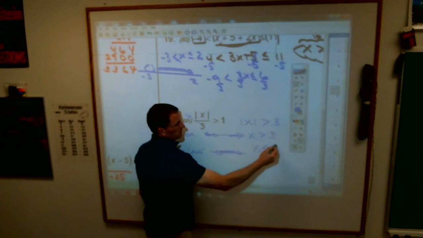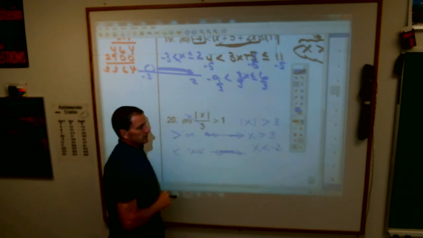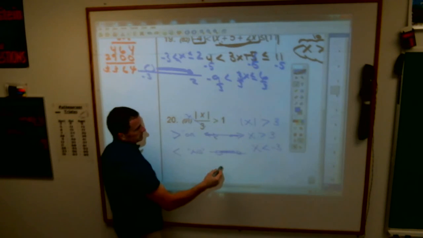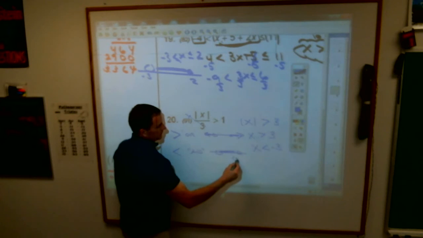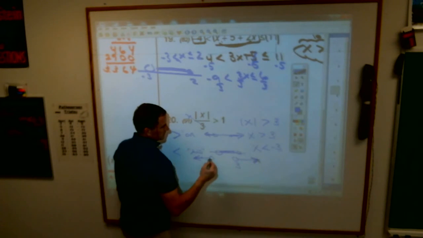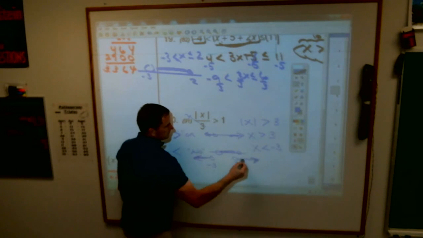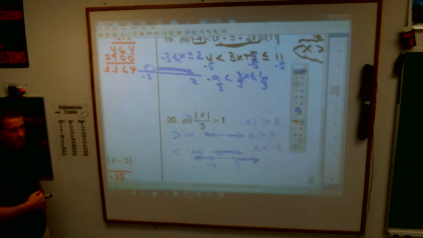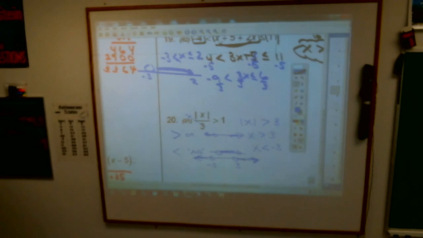Flip the sign, change it to its negative, x also has to be less than negative 3. So that's this right here. At 3, it goes off in that direction. At negative 3, it goes off in this direction. Those would be notes that I would take for myself on that one.